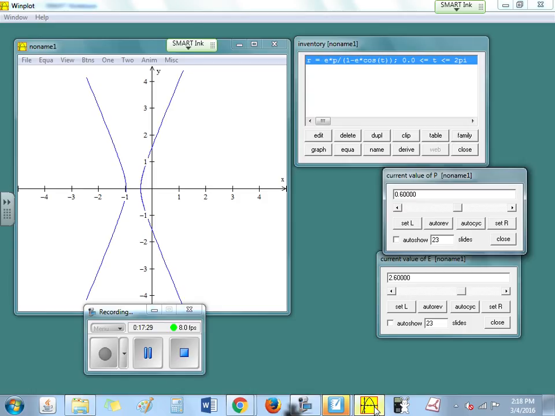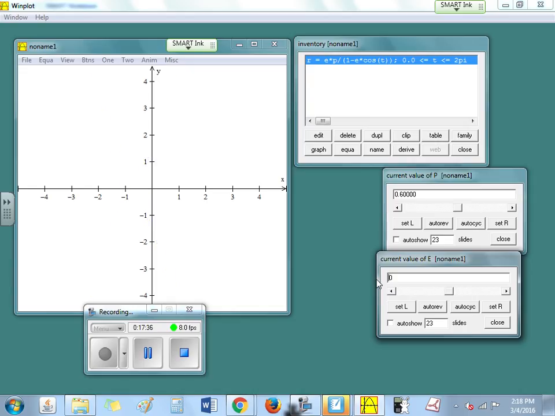Now, what happens when I change E? Well, first of all, do you guys remember what E stands for? Eccentricity. So it wouldn't make any sense to have any negative eccentricities, correct? Okay. I can't have negative eccentricities. So let's set a minimum eccentricity of 0.